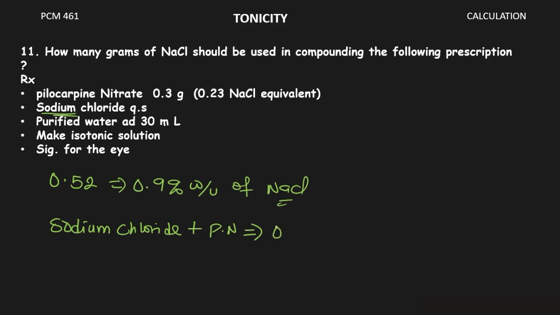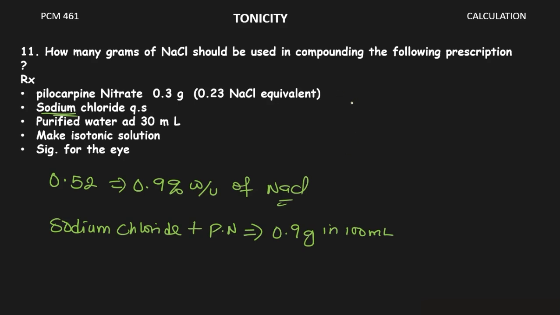Normal saline is 0.9 gram in 100 mil. But in this case, you are not using 100 mil. They gave you 30 mil. So what we are to work with now is the values in 30 mil, that is equivalent to standard normal saline.